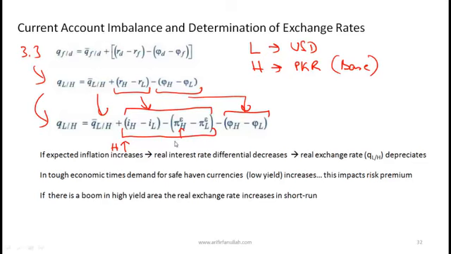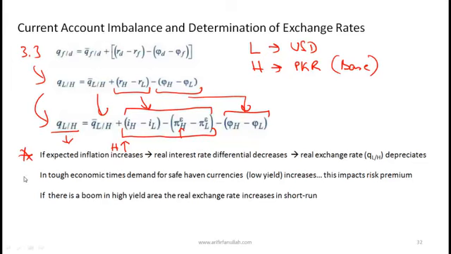If the real interest rate difference goes down, that means the real exchange rate will go down. So real exchange rate going down means that the base currency, which is the high yield currency, the PKR in this example, will lose value or depreciate. So that's core point number one.